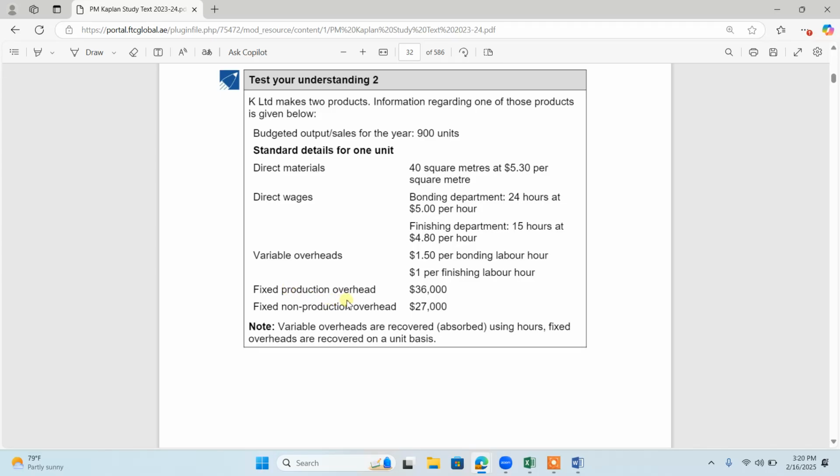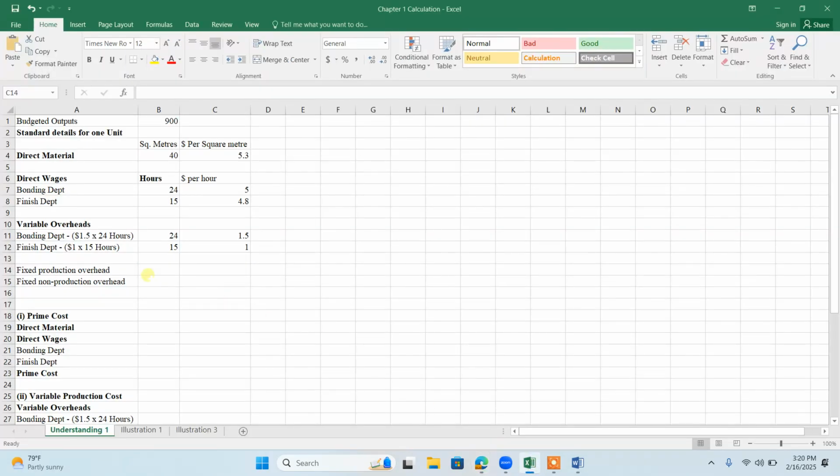Fixed production overheads are 36,000 and this one is 27,000. But again, this is for the entire 900 units. This is not the cost for one unit.